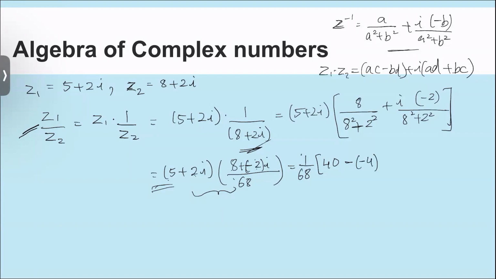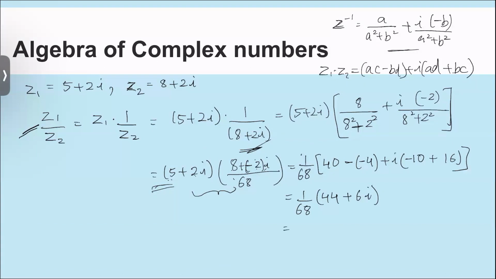Then this is AC minus BD, plus i we get AD, that is again minus 10, plus BC, so that is 16 by 68. So what we are left with is 44 plus 6i.